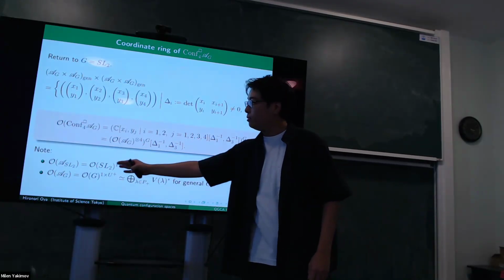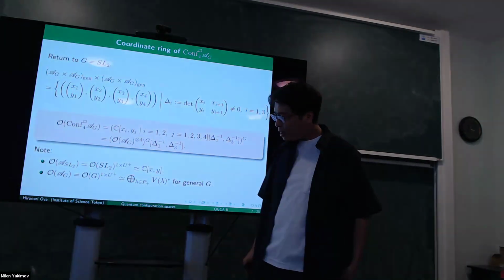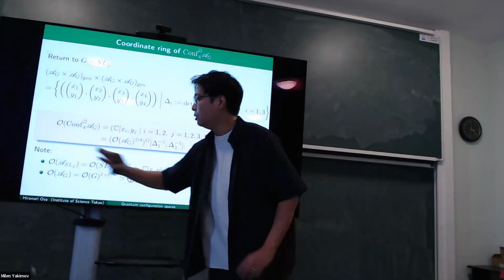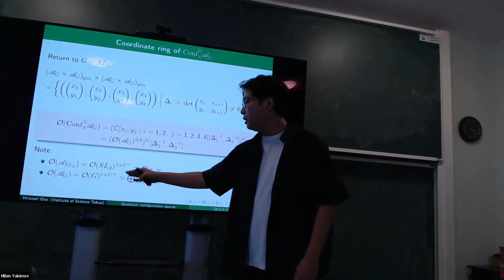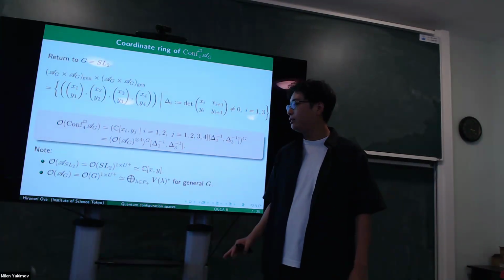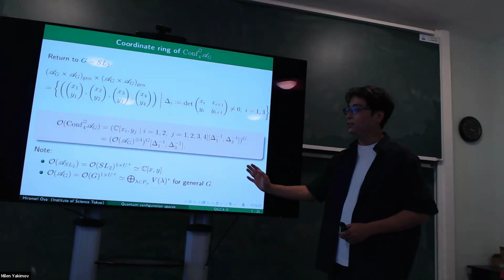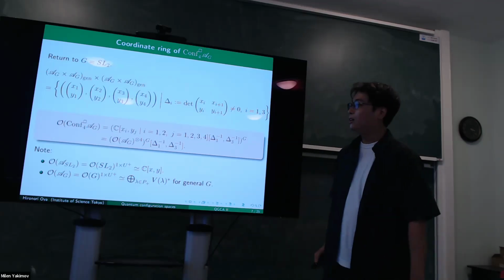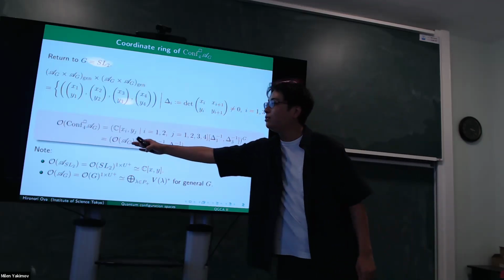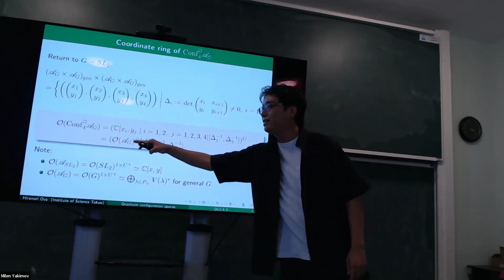In general, the regular functions on the base affine space are isomorphic to the direct sum of the duals of the representations. We want to quantize this.